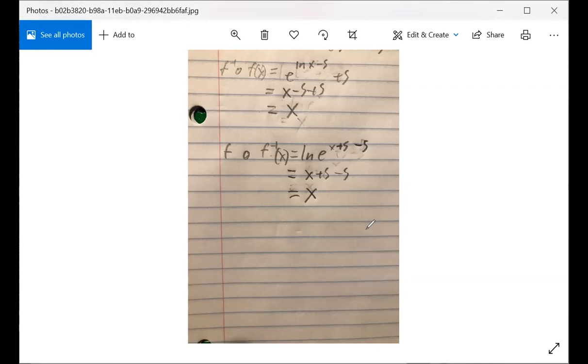It's good. Okay, so that's how you verify. I especially like that he started from one side, because the question is asking you to verify. You must start from one side. It's like a proof. You don't know if it is true or not.